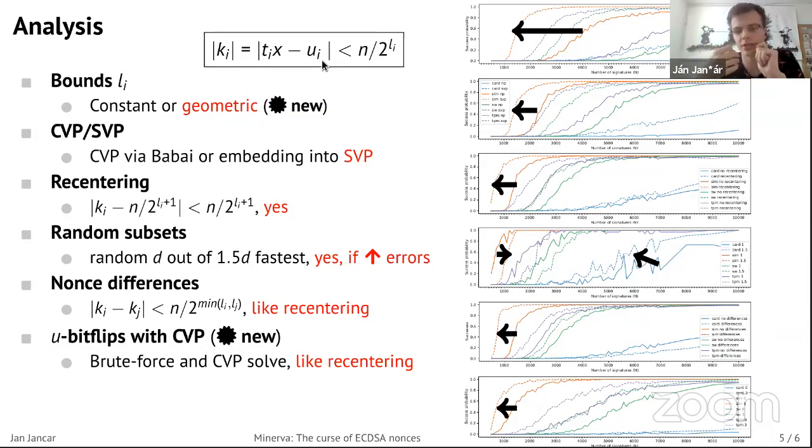So brute forcing and fixing these errors only amounts to having your fixed lattice and looking at the different points of it, trying to find the closest vector to different points around it. On the heat maps you can see that SVP and this U-bit flips technique are very comparable, I would say.